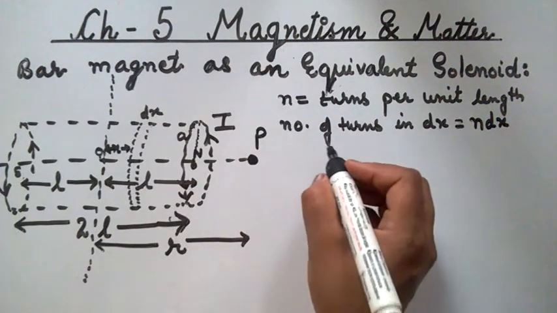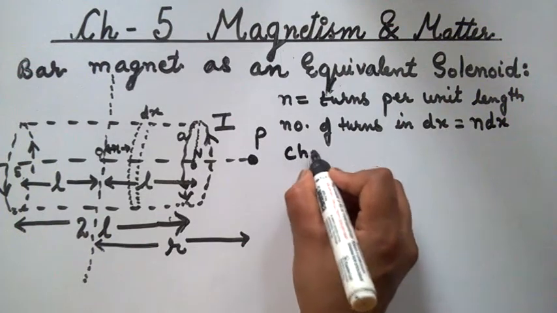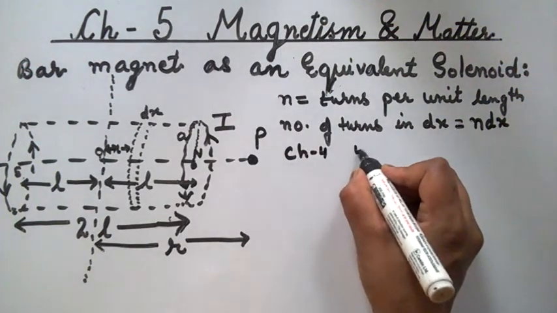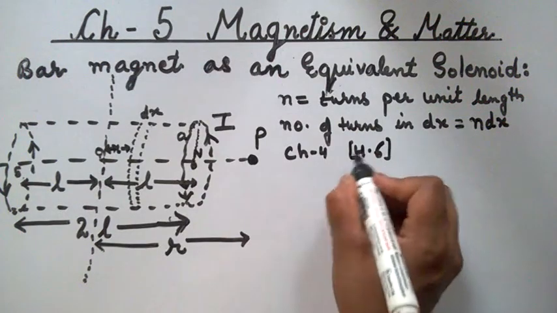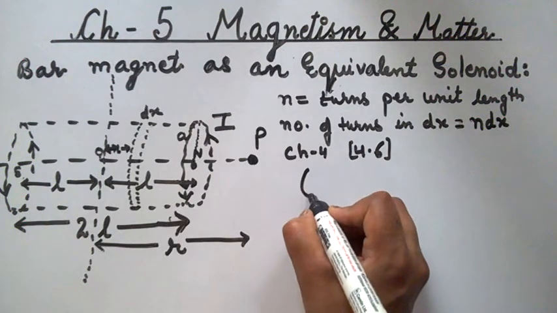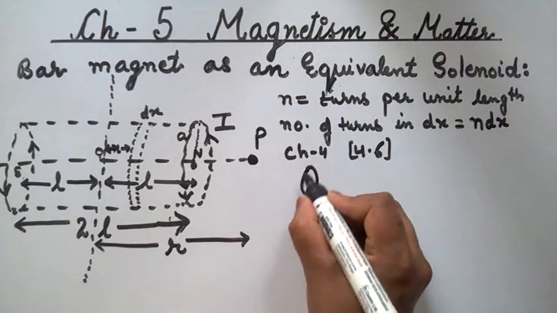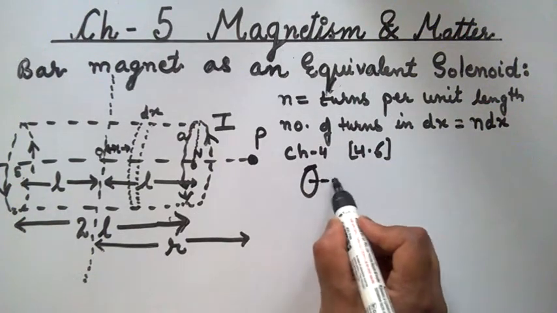And we have also studied in chapter 4, topic 4.6, the value of magnetic field on the axis due to a current carrying circular loop and due to a small element.